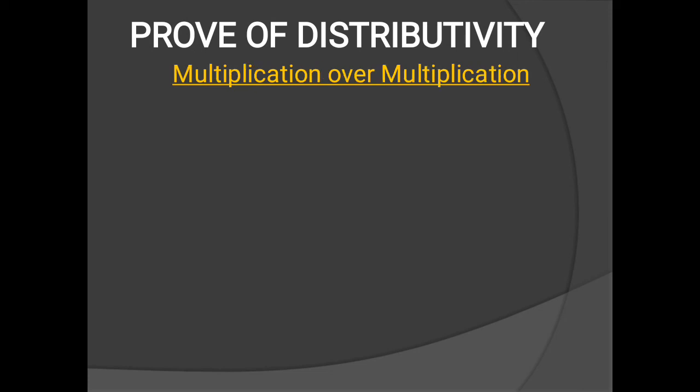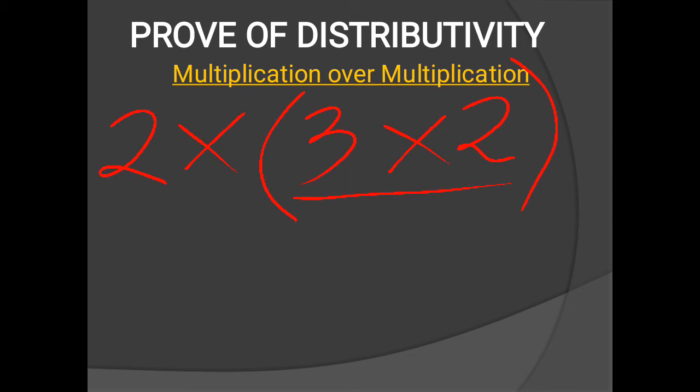Then we see multiplication over multiplication. It sounds strange, yes, multiplication over multiplication. The second one is what is found in the parentheses. So 2 times (3 times 2). Solving straight away, 3 times 2 is 6, and 6 times 2 is 12.